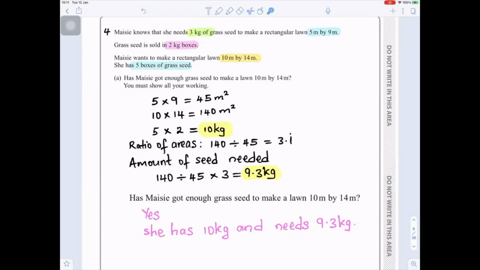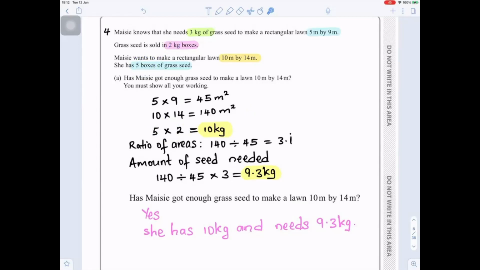So the way we want to do it is 5 times 9. It gives you 45 meters squared. And then for the rectangular lawn, 14 times 10. It gives you 140 meters squared. And we want 5 times 2, which will give us 10 kilograms.